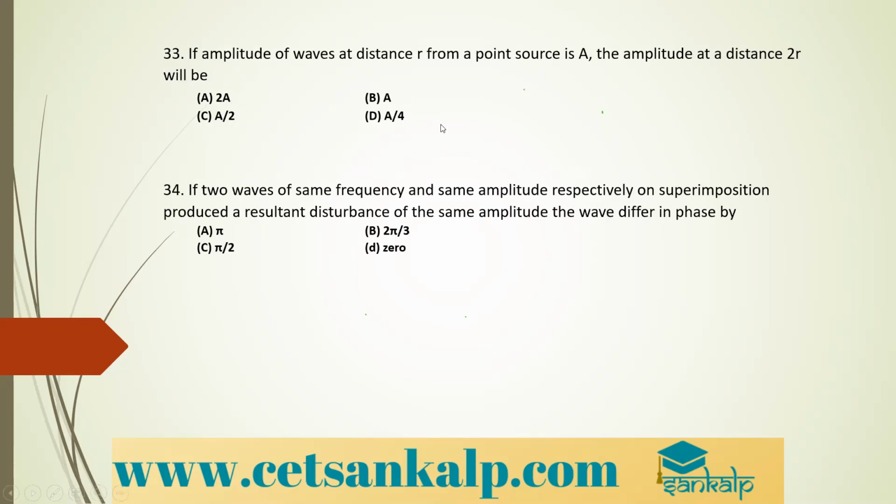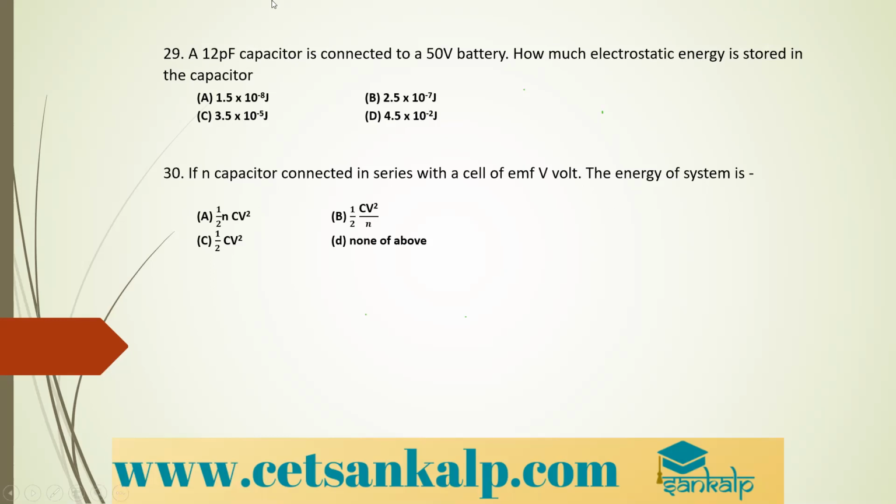We can solve it like this. The energy of the system U is equal to 1 by 2 into the capacitance of the system into V square, which is equal to 1 by 2 into C divided by N, that is CV square divided by N. That is option B, the correct option.